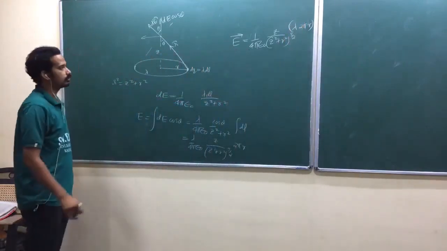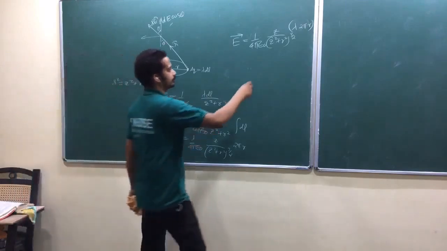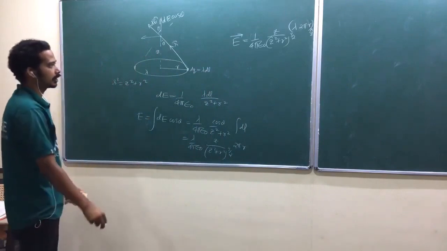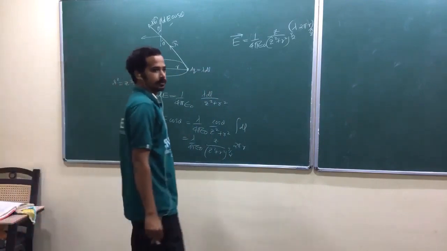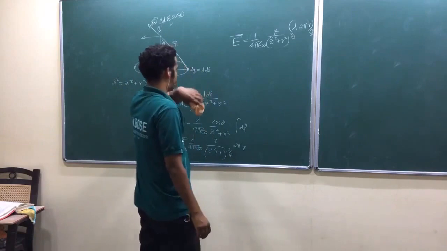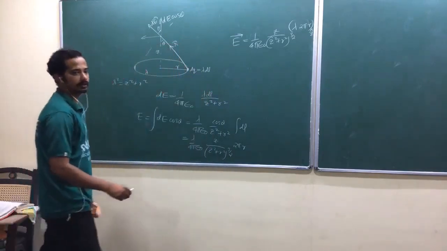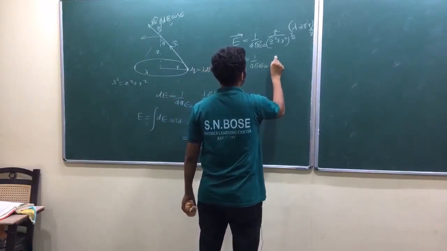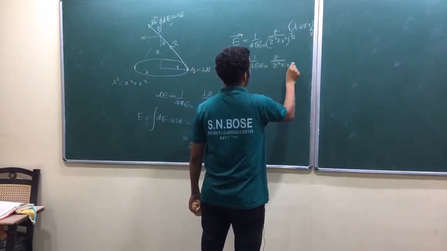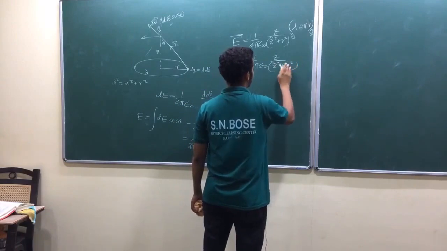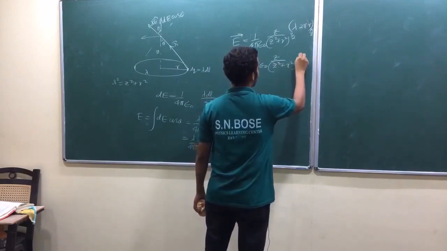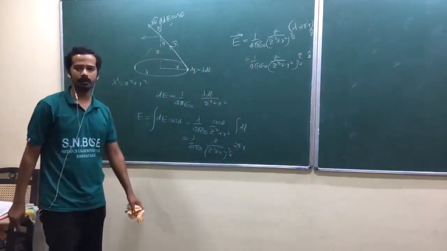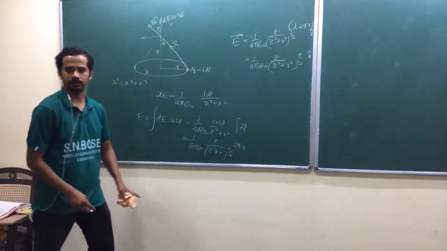Again along z cap. So can I write it like this? Is that okay? That is the total charge, so it is better to write it like this: 1 by 4 pi epsilon naught, z by z square plus r square raised to 3 by 2, into q z cap, where q is equal to lambda into 2 pi r, the total charge on the ring.